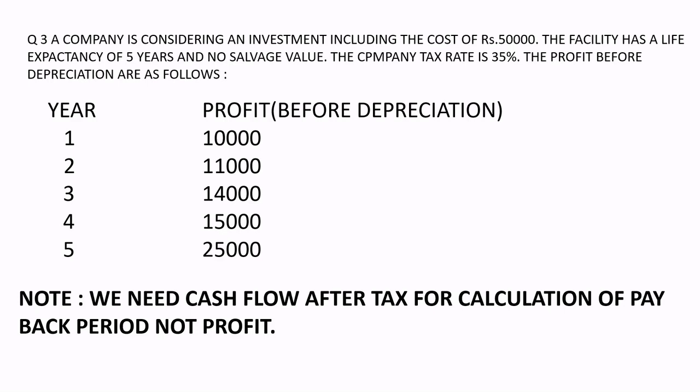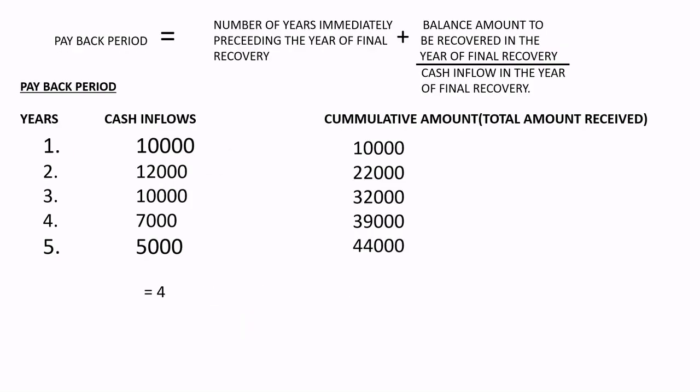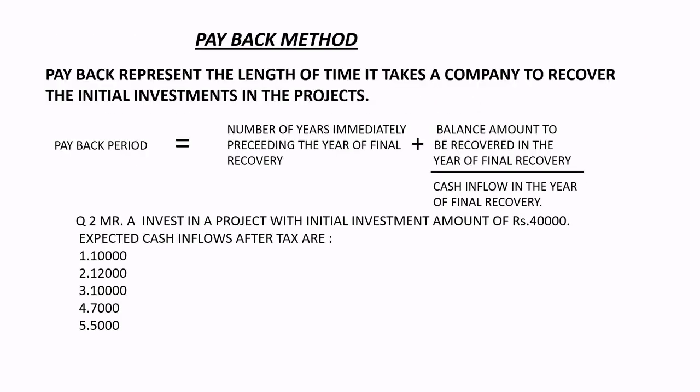So what is the difference between profit and cash flow after tax? In the last question, if you remember, we had cash flow after tax, not profit. Let me show you that in the last question. Here we have cash inflows after tax, not the profit.